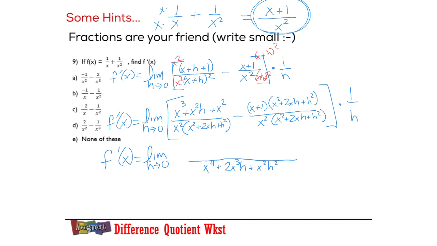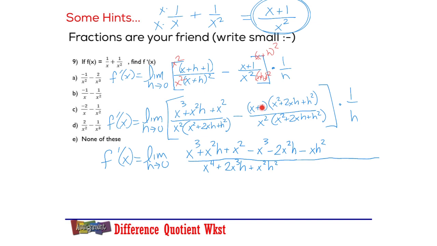All right, so I'm going to write the first one. It's just an x cubed plus x squared h plus x squared. Now here we go. I'm going to take this x times each one of these, and I'm going to make them all be negative. So that's going to be a negative x cubed, a negative 2x squared h, and a negative xh squared.